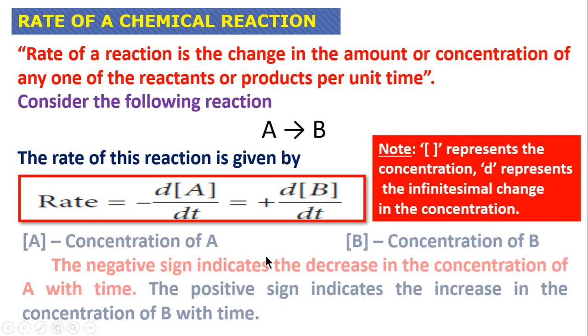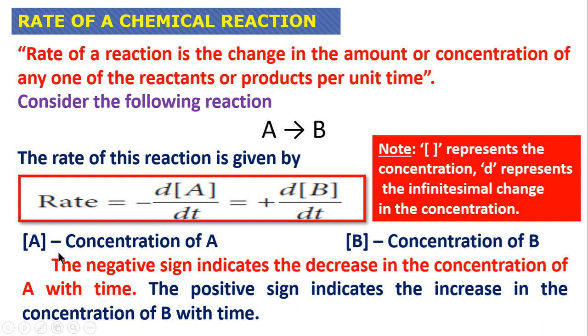So [A] is the concentration of A, [B] is the concentration of B. The negative sign indicates the decrease in concentration of A with respect to time. And the positive sign indicates the increase in concentration of B with respect to time.